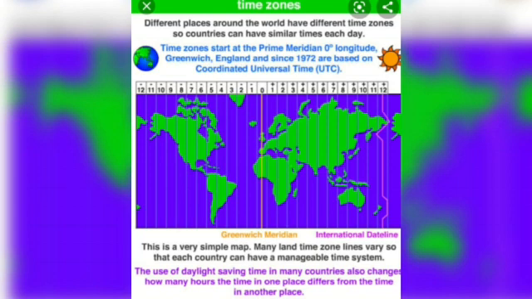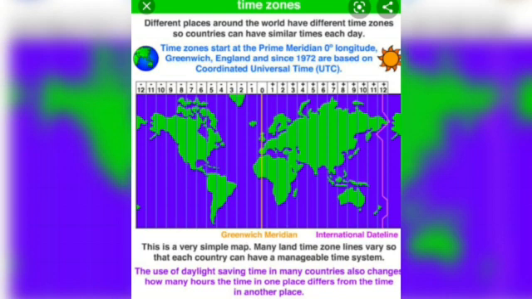Now the world is divided into 24 time zones of 1 hour each. Like for example, India has its standard meridian as 82.5 degree east, which passes through Allahabad. Now this is the Indian Standard Time, IST, for our country.